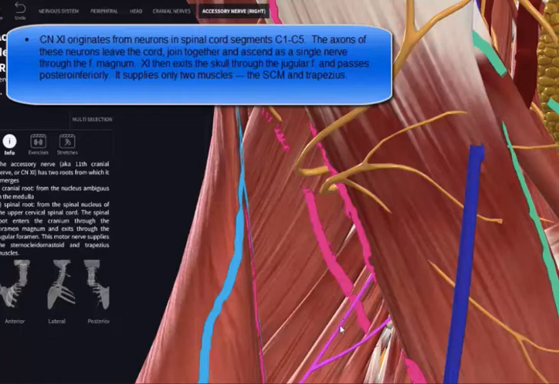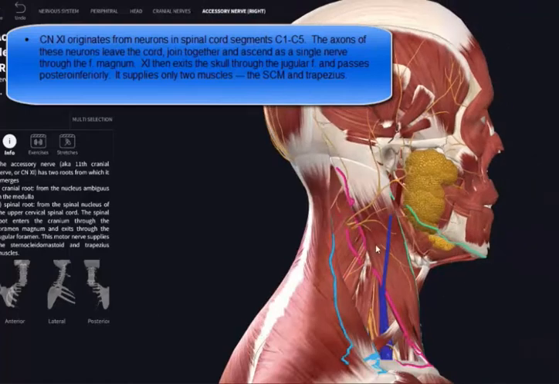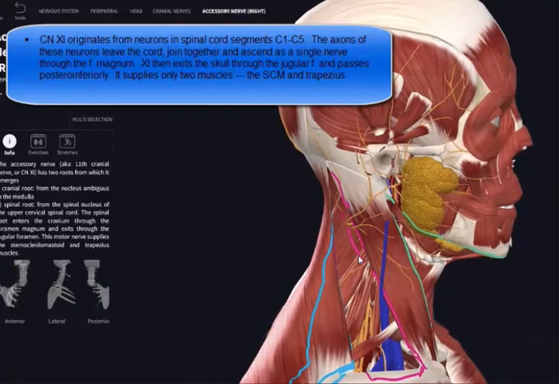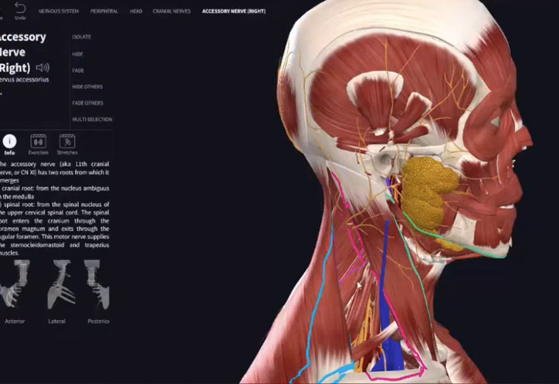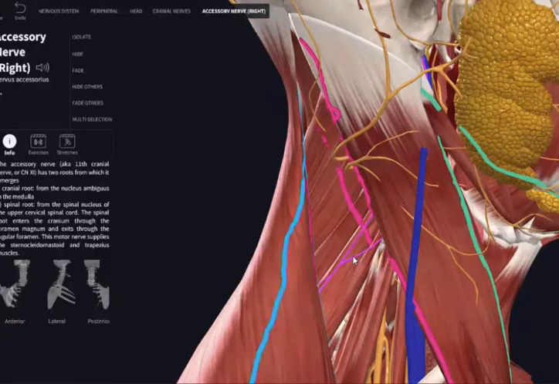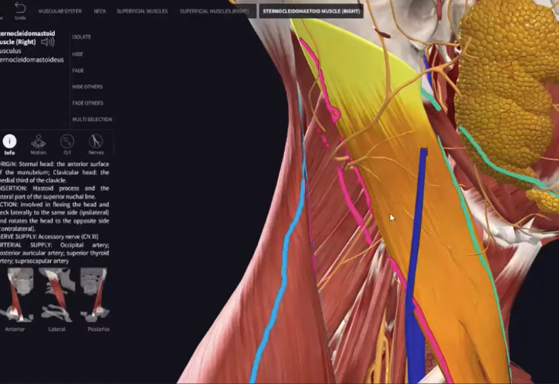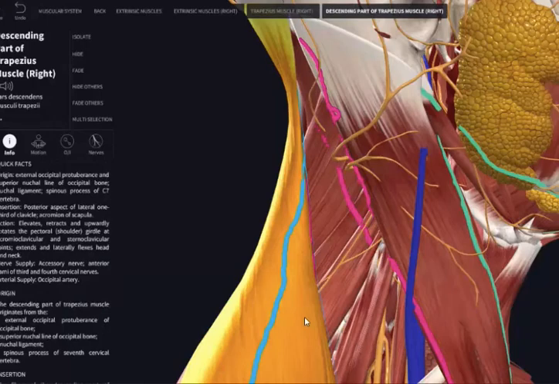So the axons of these neurons will actually leave the spinal cord, merge together, and ascend as a single nerve through the foramen magnum, which is the big hole in the skull, and then they will exit through the jugular foramen and pass downwards, and the accessory nerve will only supply two muscles, one of which we see here, which is the sternocleidomastoid, and the other one is the trapezius.